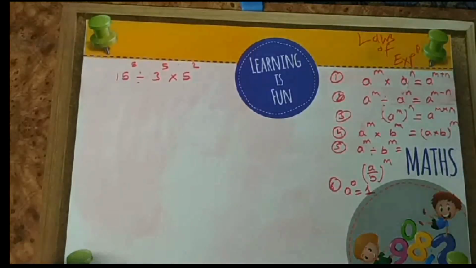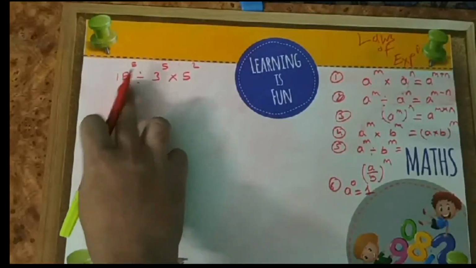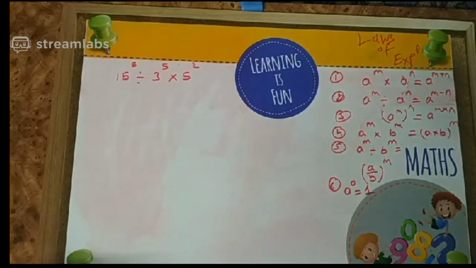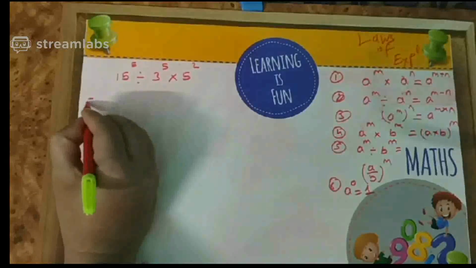Now you can see that all the bases are different, and even the powers are different. So in this condition you have to just simplify it.